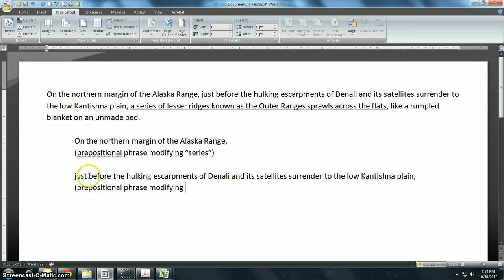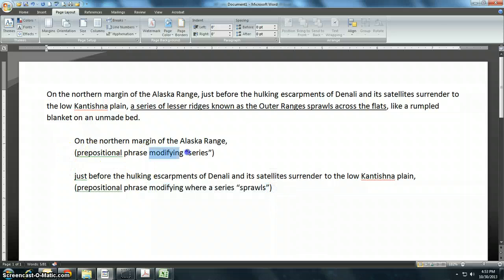And I said it was a directional prepositional phrase. It's telling us where. That's the job of an adverb, so it's going to modify a verb. I need to go back and correct this one. It's telling us more about where a series sprawls. And in fact, I'm also going to change this previous one.